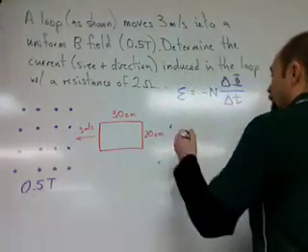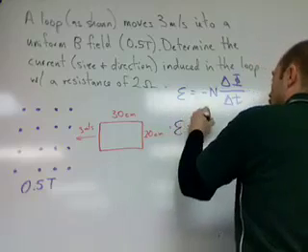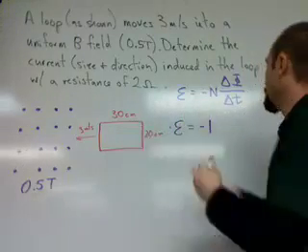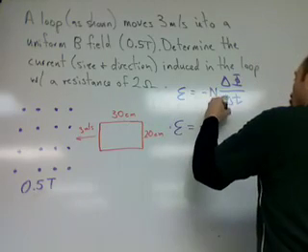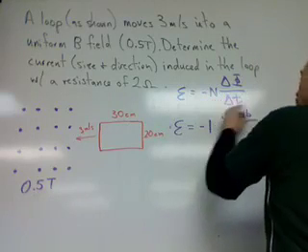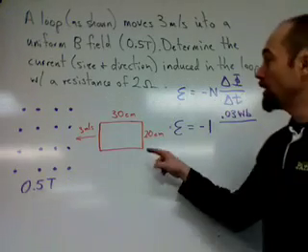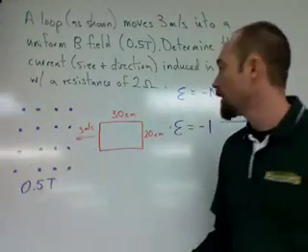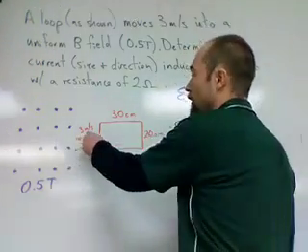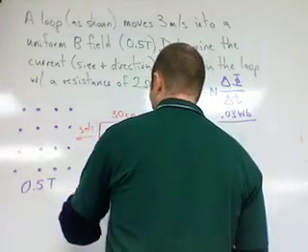So I'm going to have, for my voltage, it's going to be -1, because I have one loop, times 0.03 Webers divided by the time. Now to find the time, we need to figure out how long it takes to completely move into the magnetic field. Well, if it's moving at a constant 3 meters per second, and the distance is this, I can use v equals d over t.